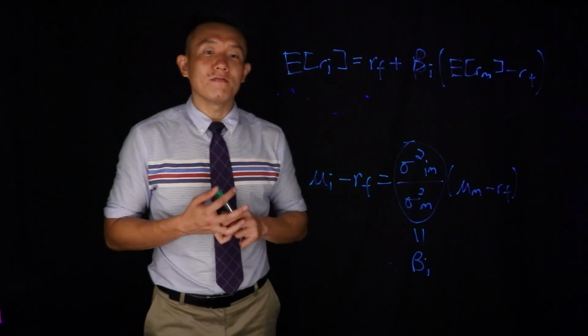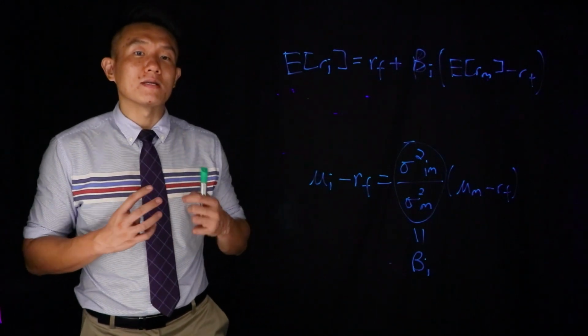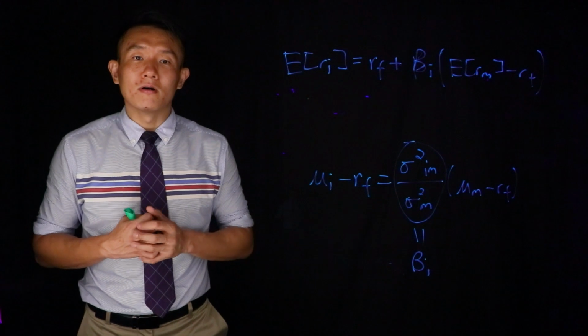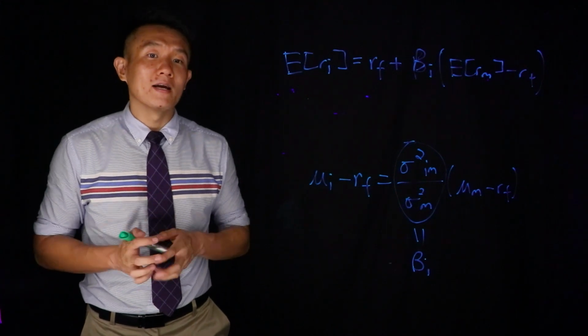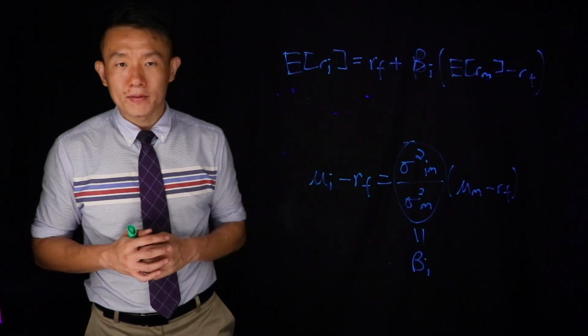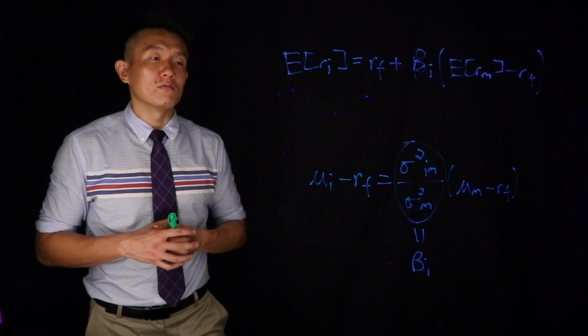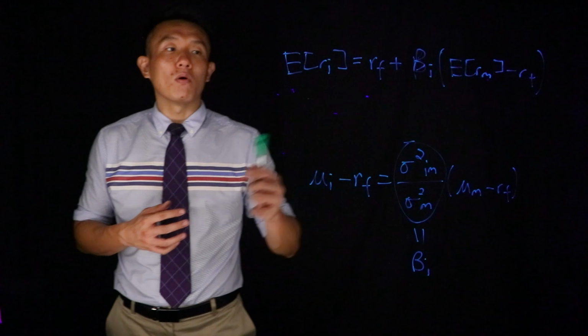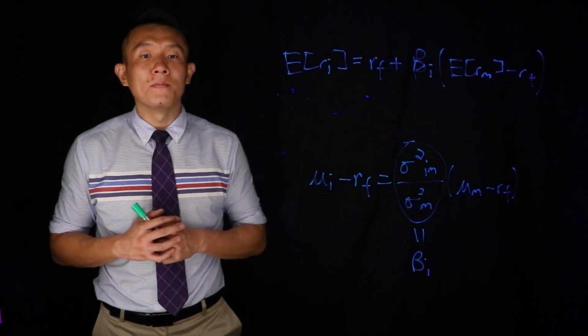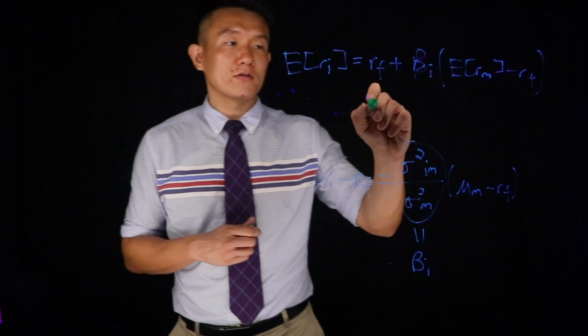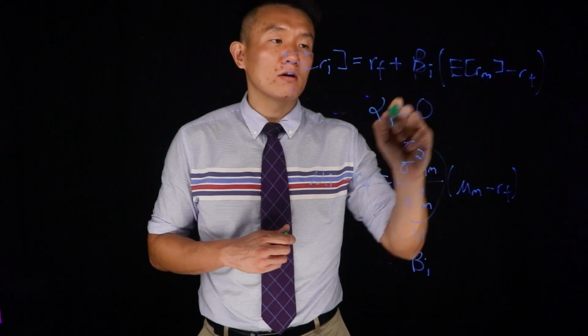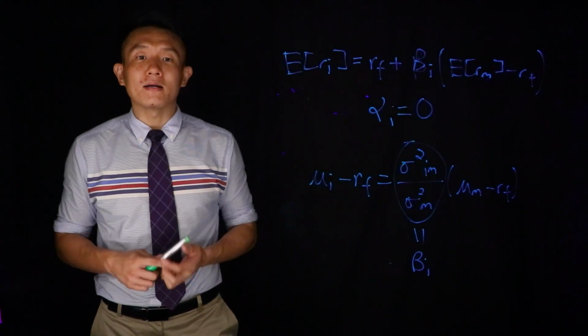If you think about what alpha_i represented, it was the excess return that stock i could pay over and above what its level of exposure to market risk would indicate. And what we're saying with the CAPM equation is that there's no alpha. There's no additional return that you can earn beyond compensation for market risk.